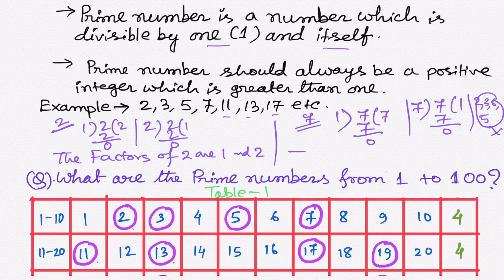So we see that the factors of 7 are 1 and itself, which is 7. So remember this point: in the case of a prime number, it has only two factors, 1 and the number itself.